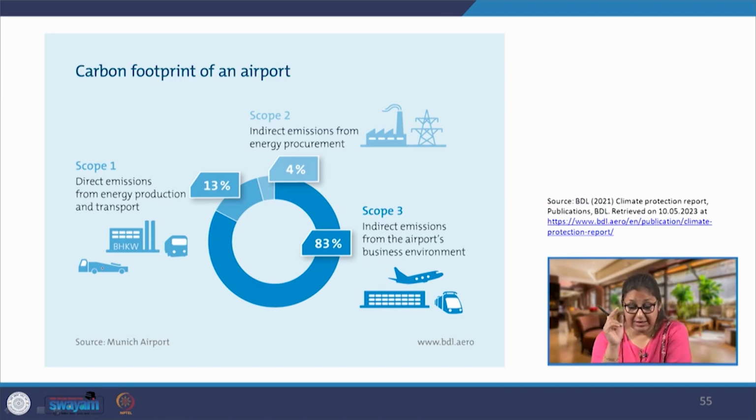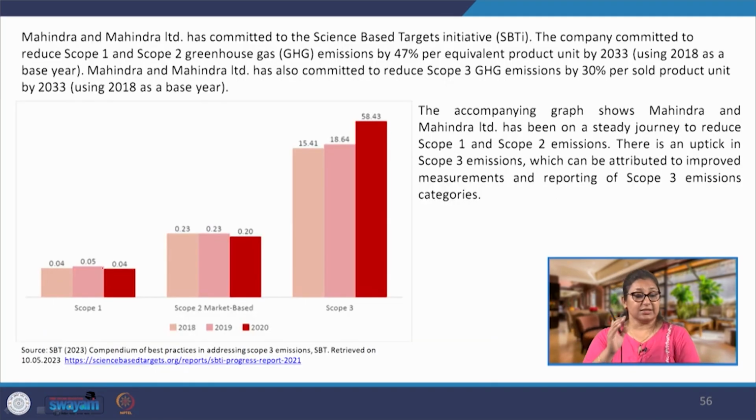But in case we were talking about an airline carrier, a company which provides the airline services, for them the emissions will be put in the direct emission category, because all the emissions resulting from the flying of the aircraft are direct emissions. So, I hope it is making us a little clear as to what to put in scope 1, 2 and 3.